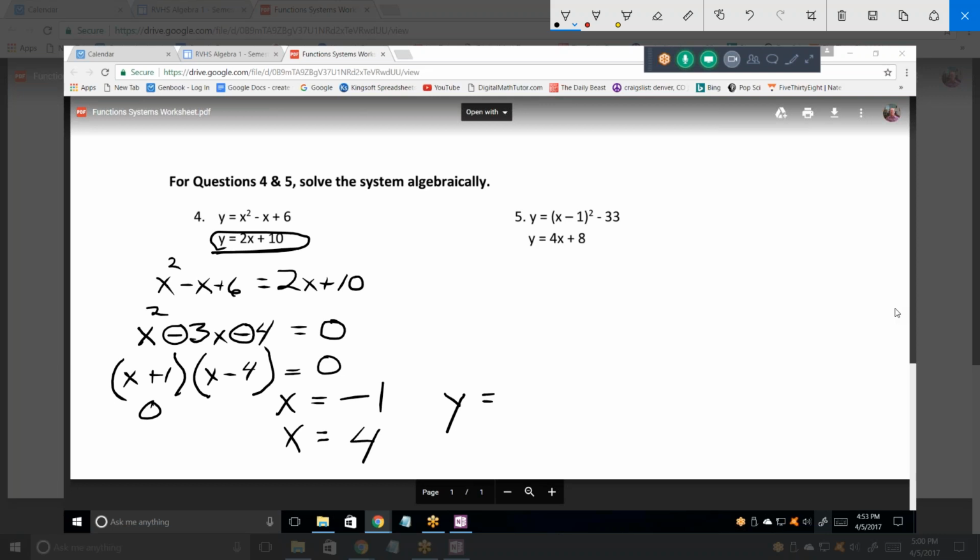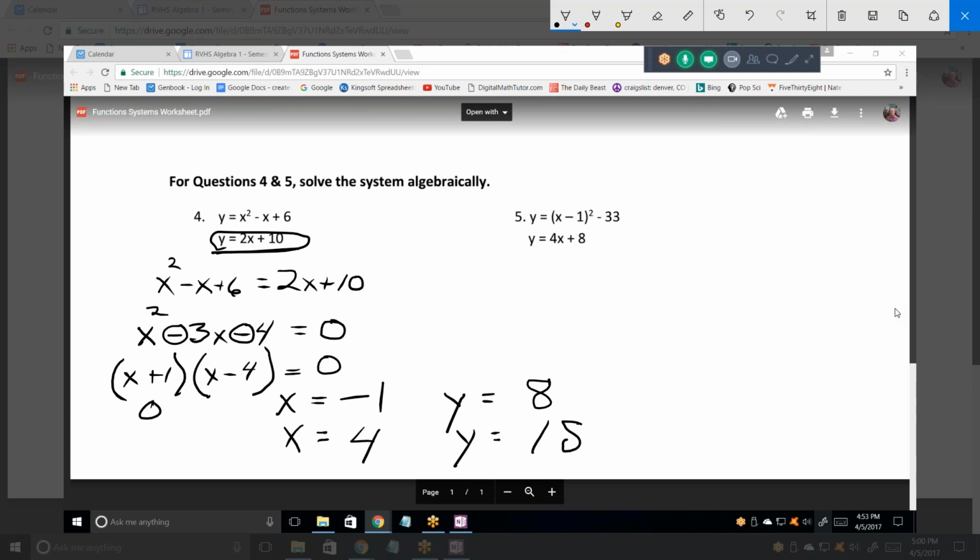It would be minus 8. No, it's just like 8. Y equals 8. Okay. Now, for the second value of x, do the same thing. What is the y when x equals 4? Plug it into the same function, the same easy one. It's going to be 18.